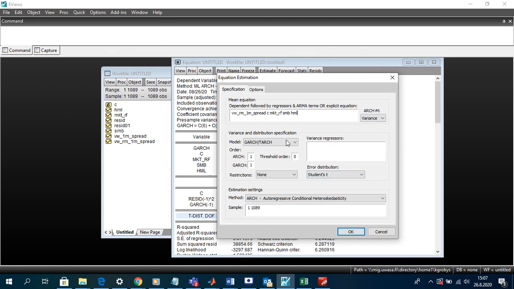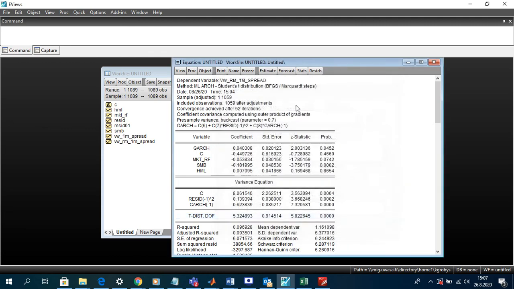But here we have monthly returns, and our maximum likelihood procedure tells us that these monthly returns can be modeled by a t-distribution with 5.3 degrees of freedom, which is slightly less fat-tailed than daily returns. But anyway, we have fat-tailed distributions, and if we chose a normal distribution here, we would end up with wrong inference for our point estimators.